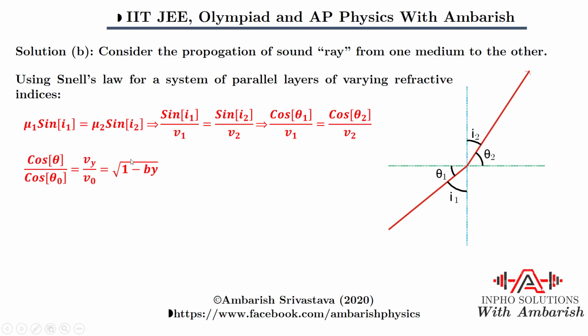Vy by V0 comes out to be under root of 1 - By. Then we just rearrange this equation to explicitly express theta. So theta comes out to be cos inverse of cos theta naught under root of 1 - By. Now this result we'll be using in the future part, so keep this in mind. We'll be needing this for the next part also. Theta is cos inverse of cos theta naught under root of 1 - By. I'll state this again, but remember that it's been derived here already.